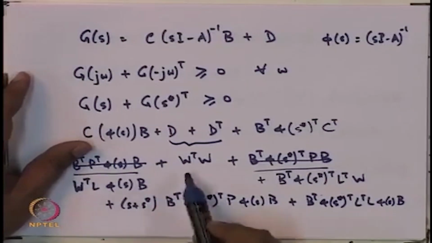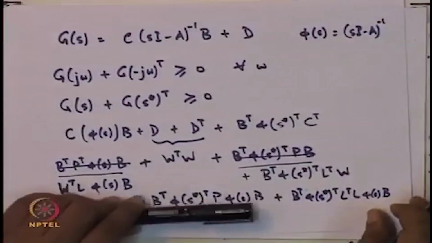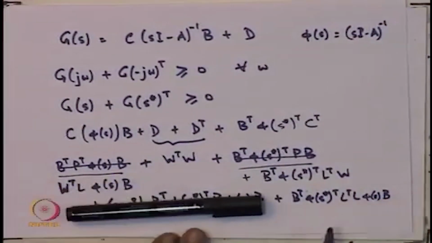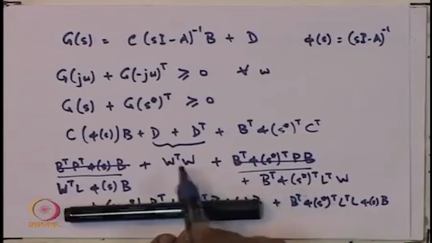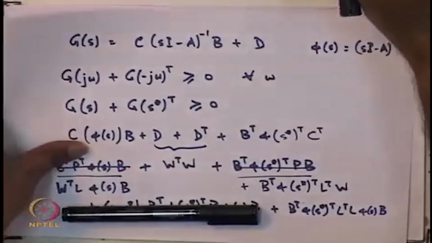Now let me not think about this one term, and look at the other 4 terms. You see W transpose appearing in 2 of the terms and W appearing in 2 of the terms, so you can write this as a sum of squares. Let me write that in a fresh slide.